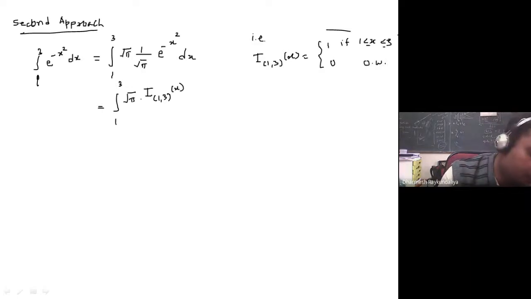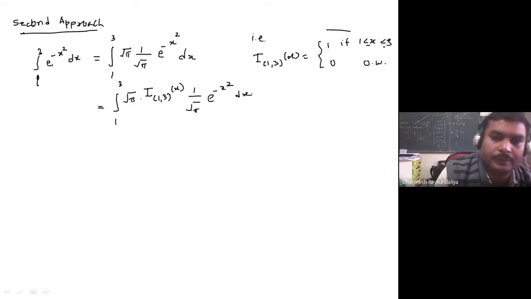Am I right? Yes. Because here it is 1, this part will come; if it is 0, this part will vanish. It takes value always 1 because you are in the range 1 to 3.